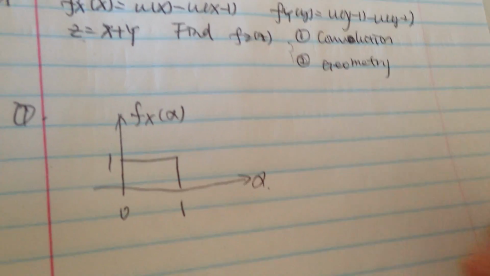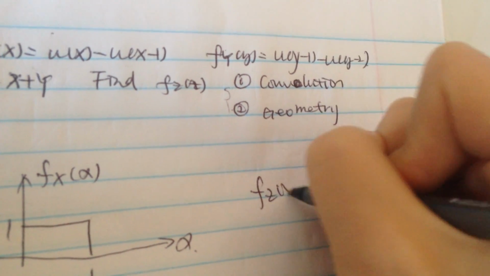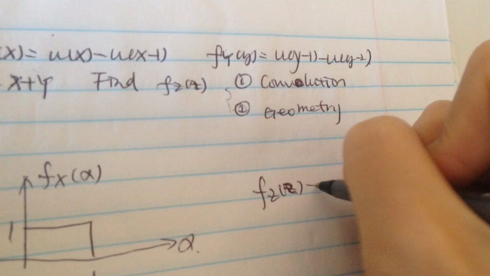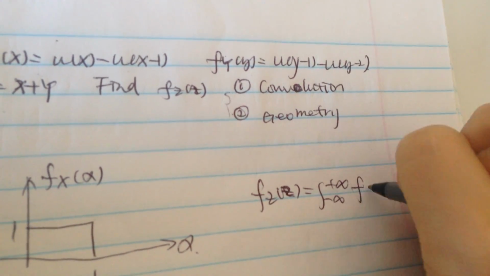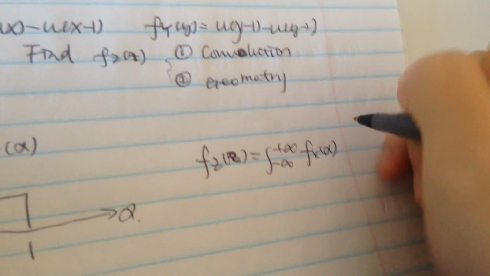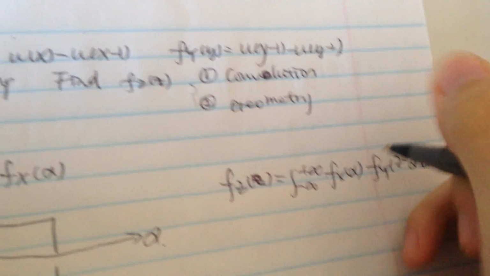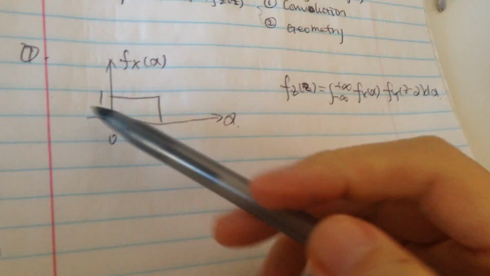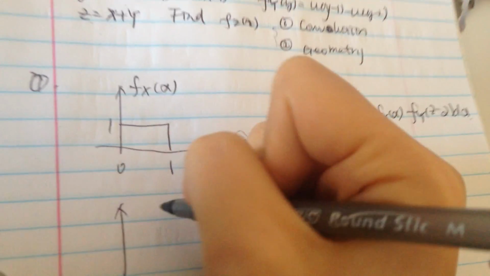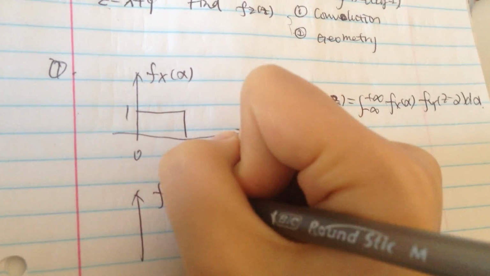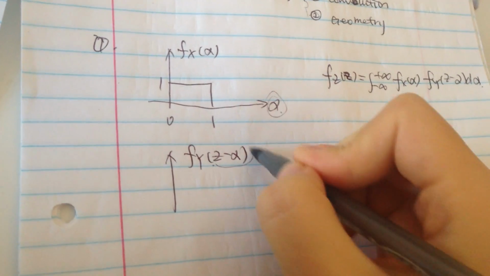If we use the convolution way, it means that the density function for Z could be... so here. That's the reason why I'm gonna draw it as alpha, and later I can draw this one. A little bit weird about how to draw it.